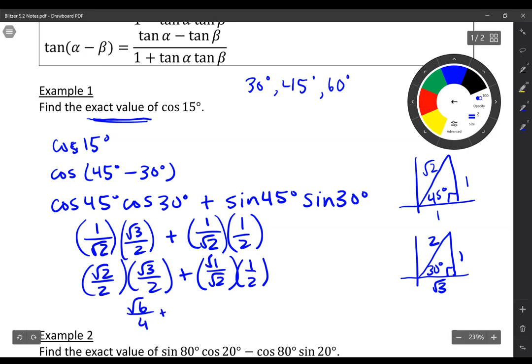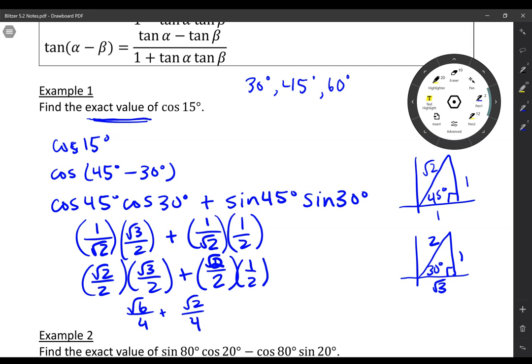I did not rationalize over here. Square root of 2 over 2. Okay, so square root of 2 over 4, common denominator, which is excellent. So when I add them, it's just going to be square root of 6 plus square root of 2, all over 4.